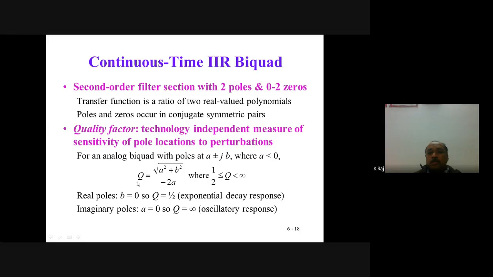Then the quality factor is defined as Q = square root of (A squared plus B squared) divided by minus twice A. The quality factor will be between 1/2 and infinity. For real poles, suppose B is 0, so Q becomes 1/2, and that is the exponential decay response. For imaginary poles, say A is 0, then Q becomes infinite, that is, an oscillatory response takes place.